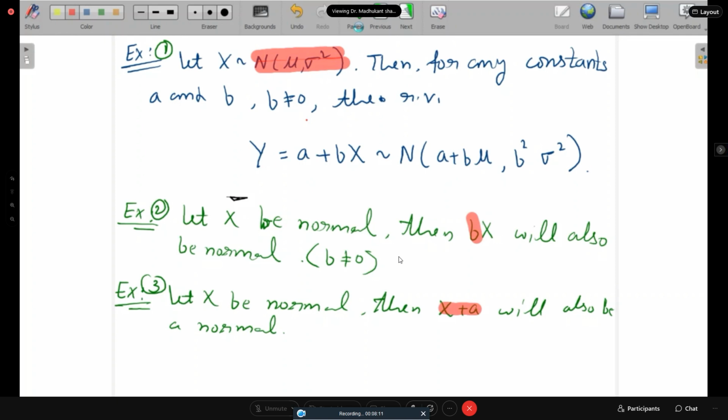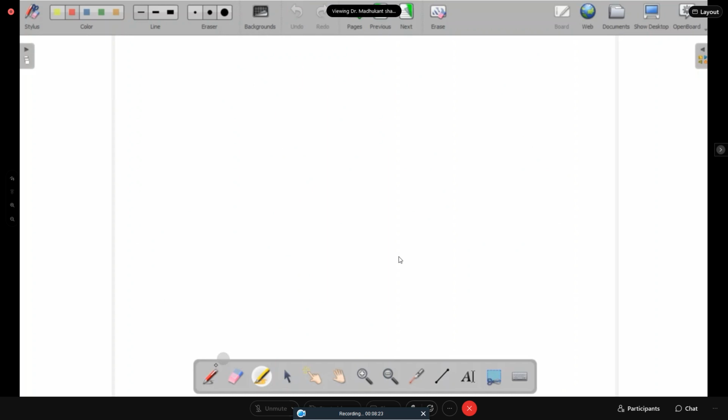Let me show what it will impact for X plus a. Let's say this is x equals mu. About this you have a bell shaped curve, right?